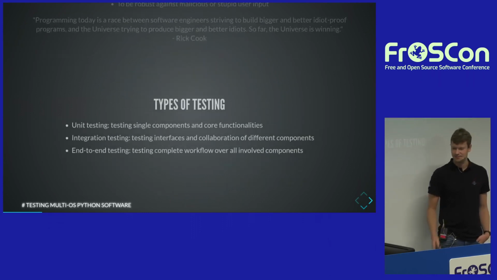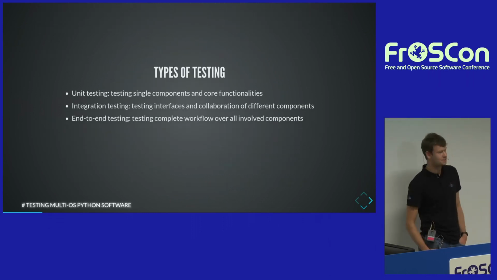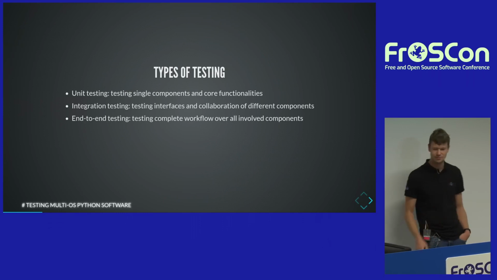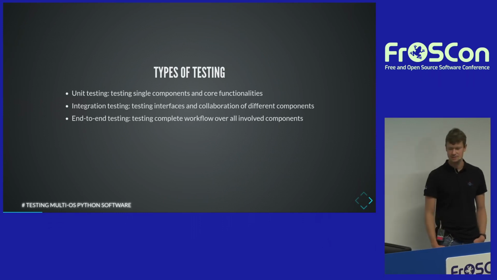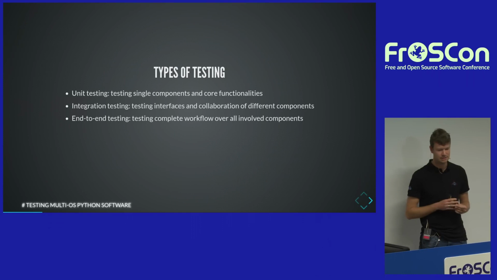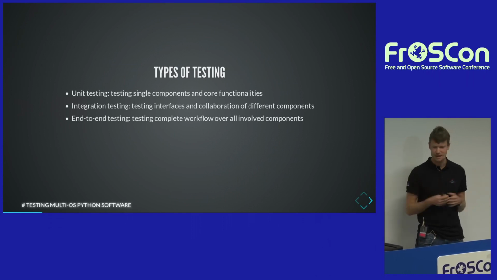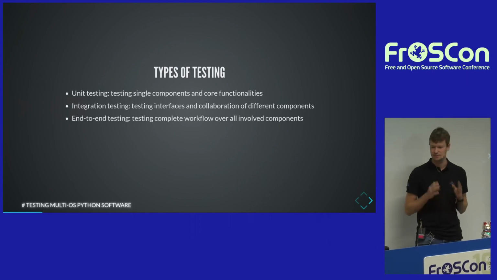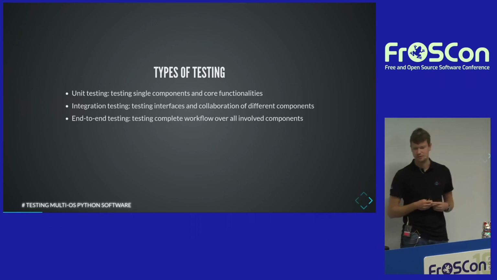So we want to do software testing. There are different types of testing. The first type is the one which I will mainly focus on in this talk. It's unit testing. Unit testing focuses on single things, so classes, functions, contained elements of your application, and you want to check these one by one and try if some inputs produce the expected outputs.